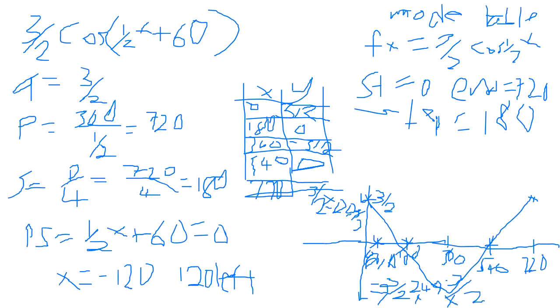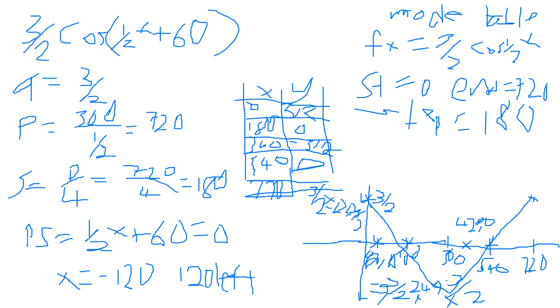Here is 540. So if I subtract 120, it will come somewhere here, and it's going to be 420 and 0. Then my last point is 720.